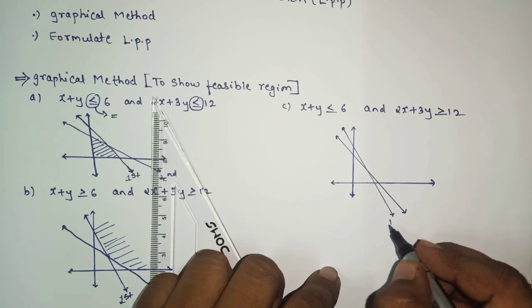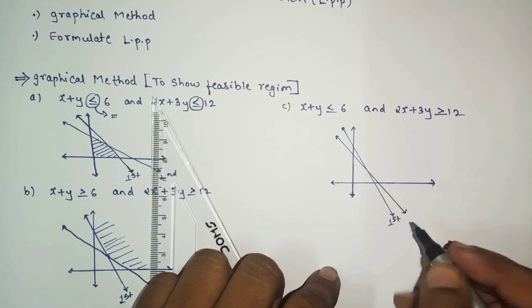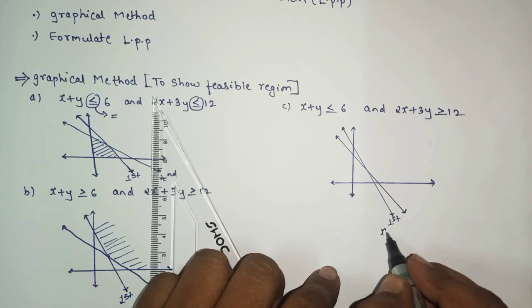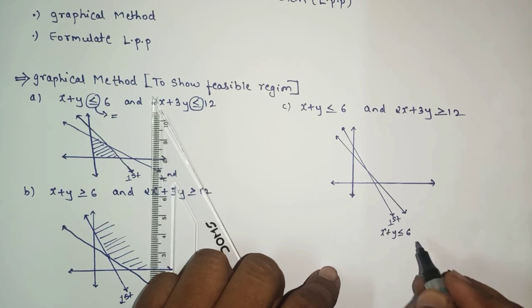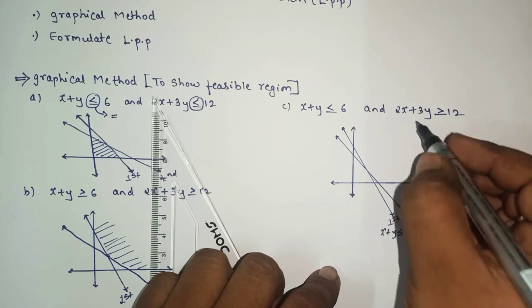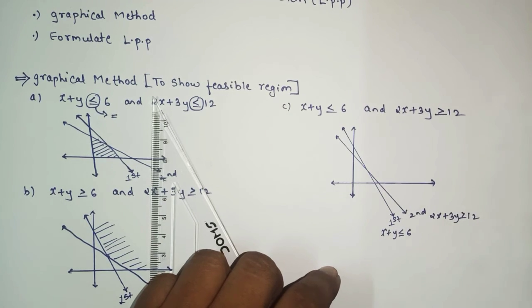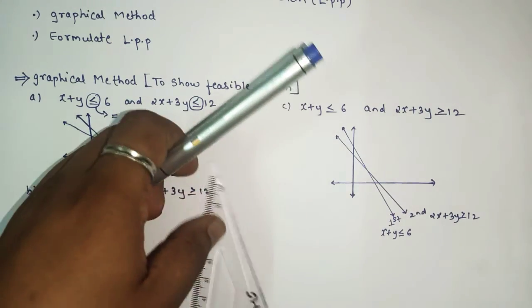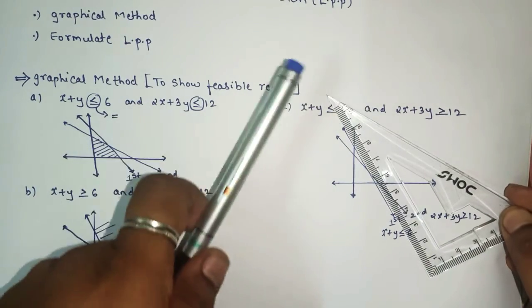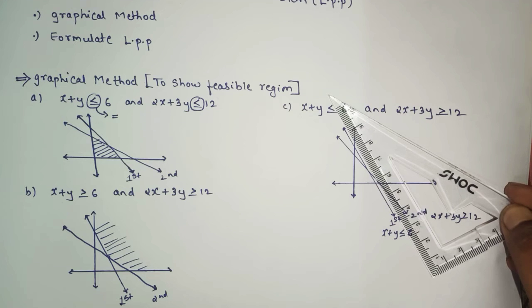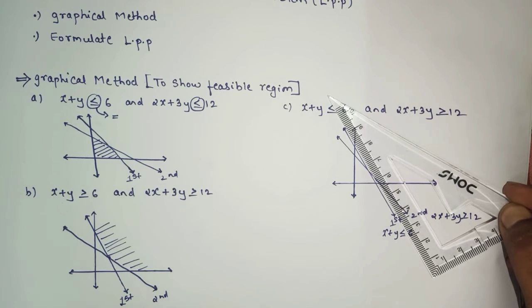First, we'll consider the first line as the first equation, this one, x plus y less than or equal to 6, and this is the second, 2x plus 3y greater than or equal to 12. Now for the first equation, we'll see where the shaded portion, your feasible region, will be.